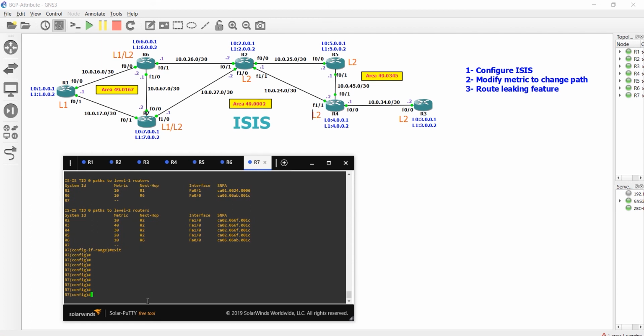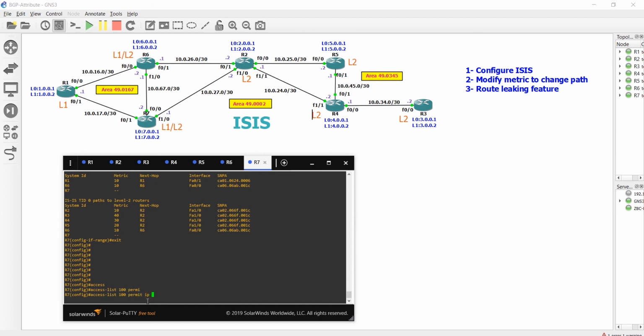You should write in R7 an access list, for example, an extended access list, and we should permit IP, which one I want to access, for example, this loopback 2.0.0.1. What is the wildcard mask? Okay, and any. Only permit this IP address.